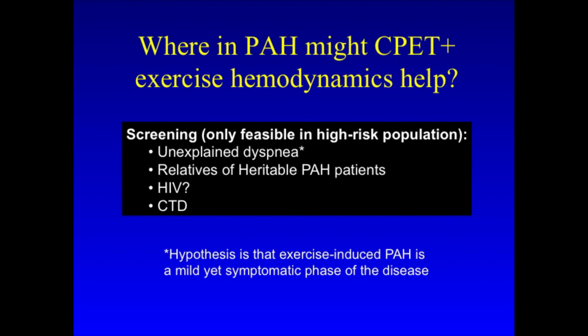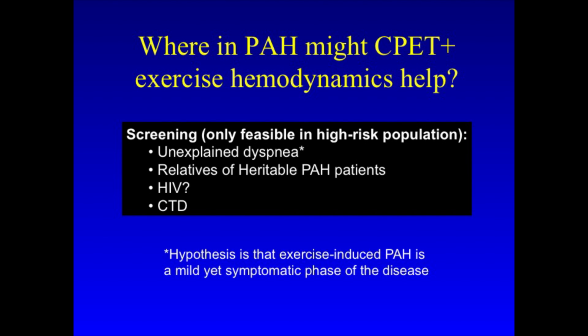There's that slope. So what about screening in populations for unexplained dyspnea, for relatives of heritable PAH patients? That's the other potential population that you think is going to develop PH in their lifetime if you already know they have a gene. There are some ethical issues with patients not wanting to know if they even have it, so I don't know if you can capture a proper denominator.